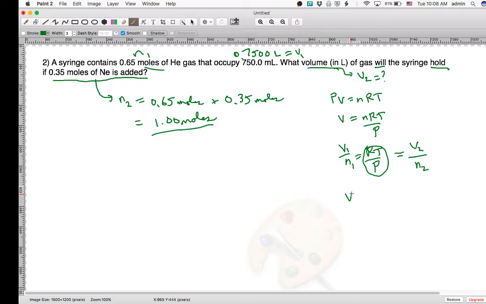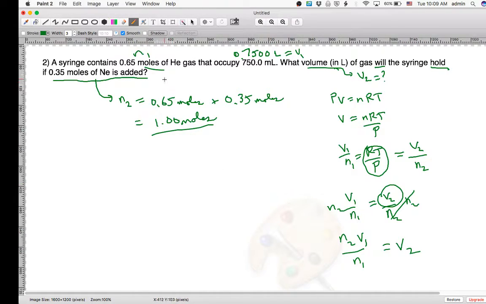So that means V1 over n1 equals V2 over n2. We're solving for V2, so you can multiply both sides by n2 and get n2 times V1 over n1 equals V2.